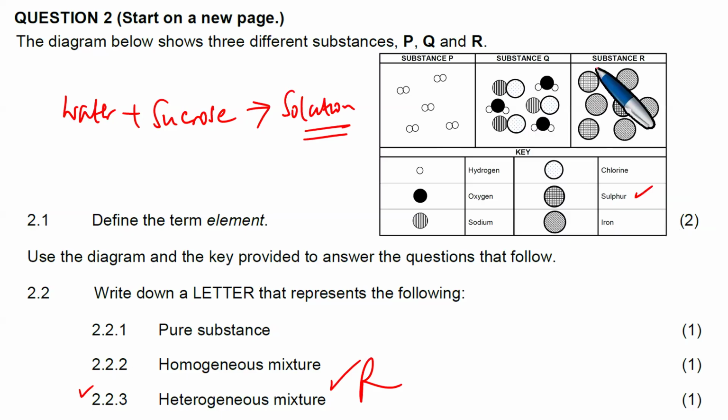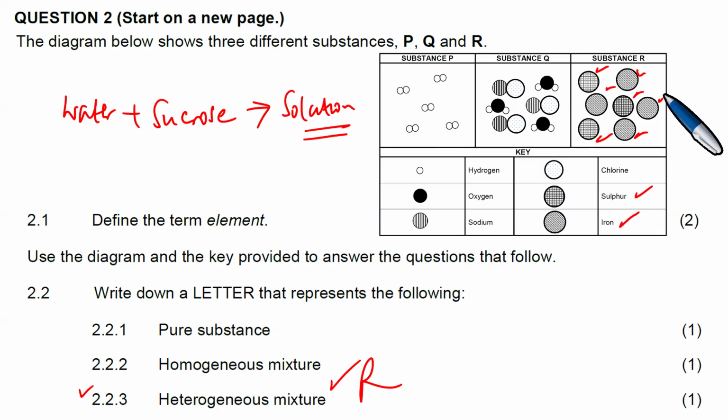We have sulfur. We have iron. And then what else do you have, for example? You continue here to have another sulfur, and you have another iron. And obviously you still have the sulfur there and iron.